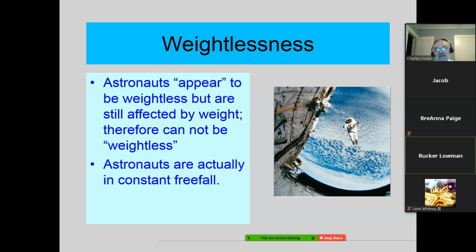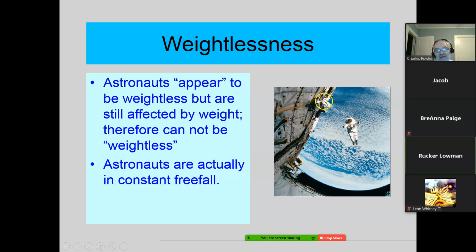Okay? So astronauts appear to be weightless, but they're still affected by the acceleration due to gravity. Therefore, they cannot be absolutely weightless, but compared to what they're used to being, they feel weightless. They're actually in constant free fall going around the Earth, just like the moon is in constant free fall going around the Earth.